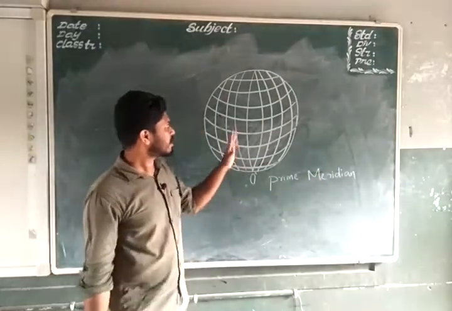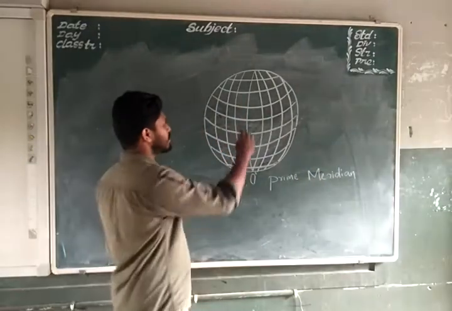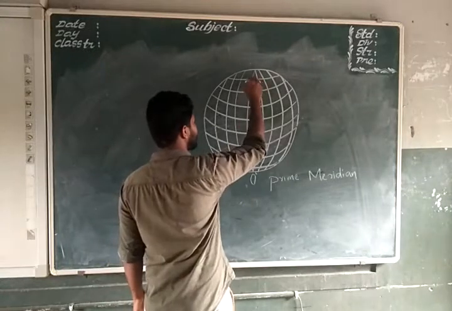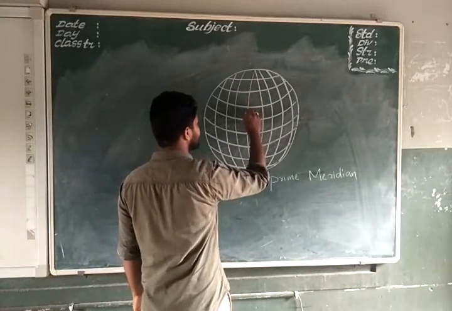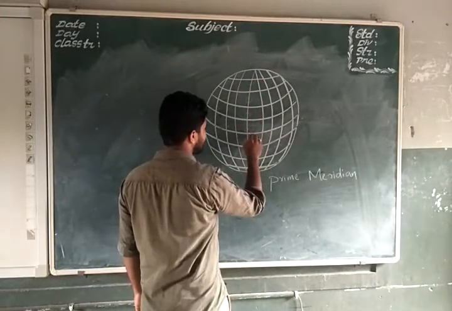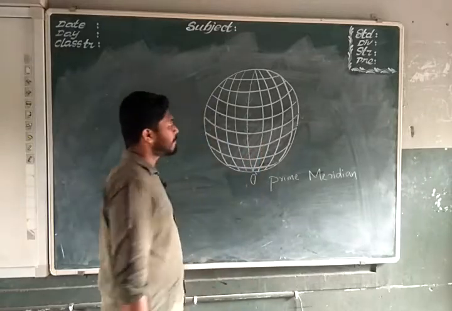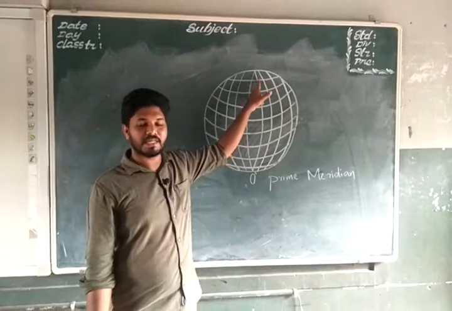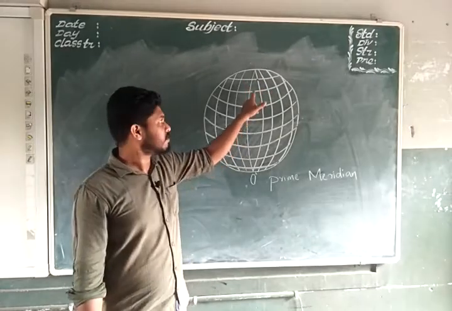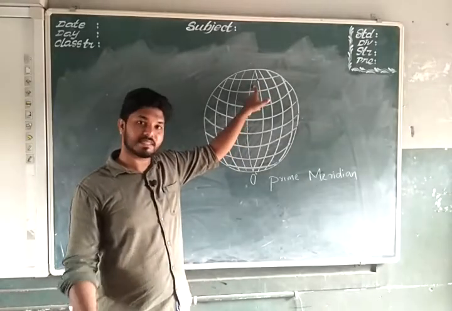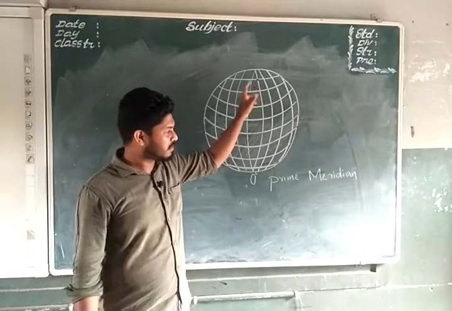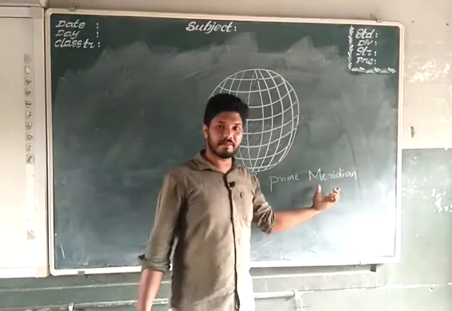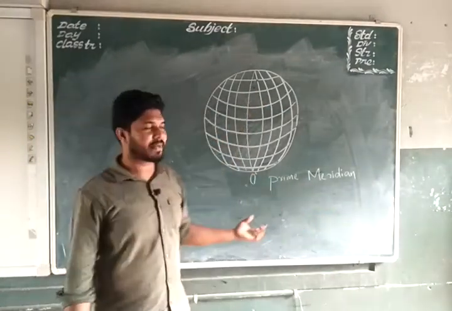See here, there will be some place here, there will be some place here too. So places in a meridian receive the midday sun at the same time. That's why it got the name meridian, and then prime meridian.